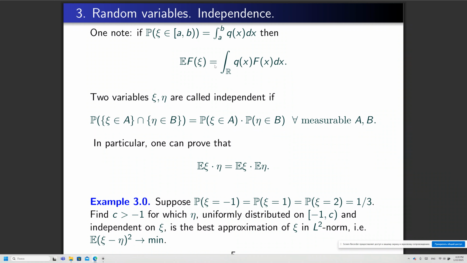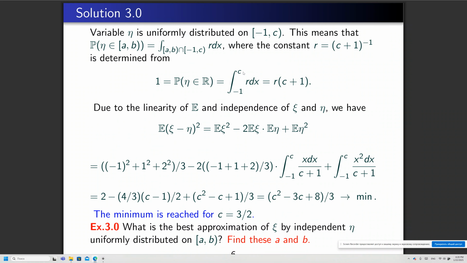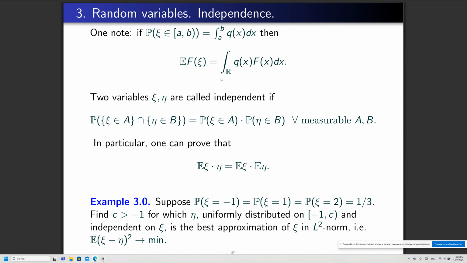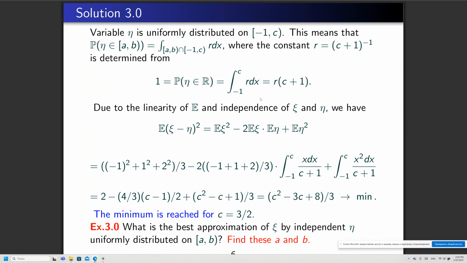So we can use this formula: expectation of f of xi is equal to the integral of q of x times f of x. Instead of q of x, we need to substitute the constant weight r. So this expectation is just x multiplied by dx multiplied by r. R is 1 plus c to the power minus 1, so this is exactly this value.